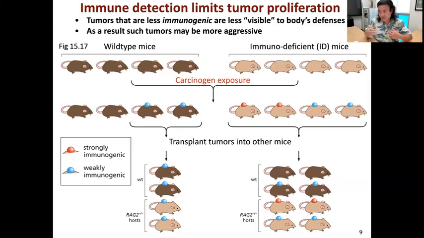This would be like what I was joking about, me and my fellow PhD students, if we accidentally injected ourselves with prostate tumor cells. Our healthy immune systems should be able to detect them. However, if the tumors are weakly immunogenic, and they have an easier time hiding from the immune system, then you may actually see that some of these blue tumors can grow in the brown mice.